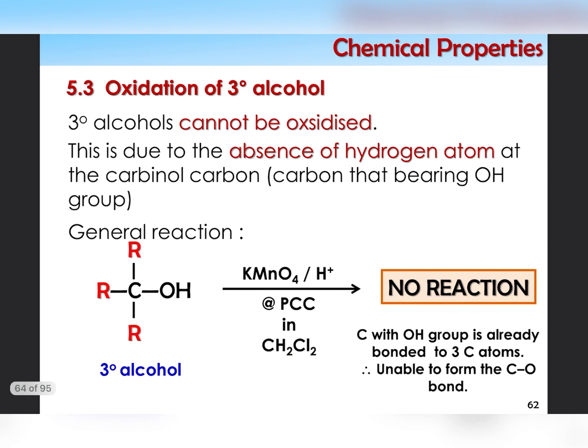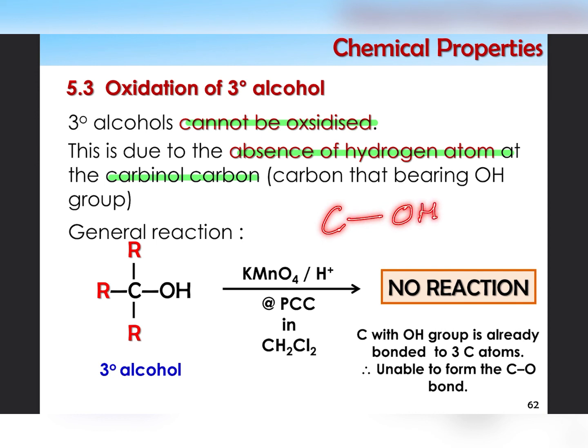Right, so the next one, oxidation of tertiary alcohol. So, for tertiary alcohol, it cannot be oxidized. This is due to the absence of hydrogen atom at carbonyl carbon. So apa itu carbonyl carbon? It is carbon that bond to OH.